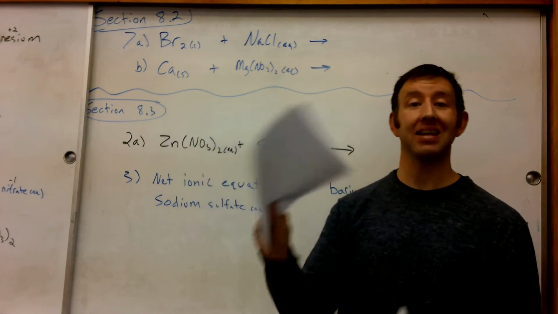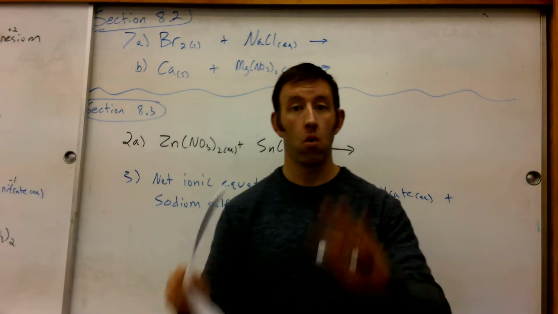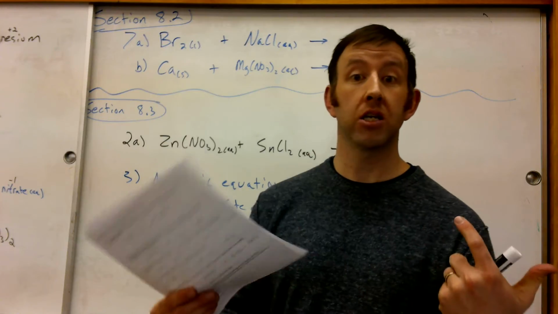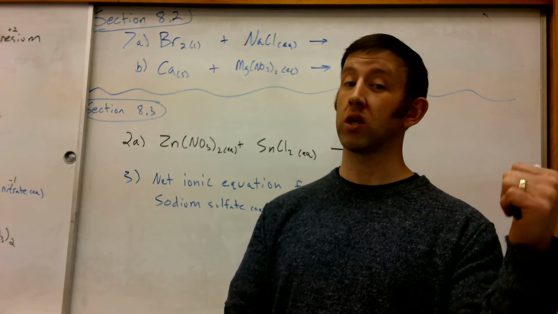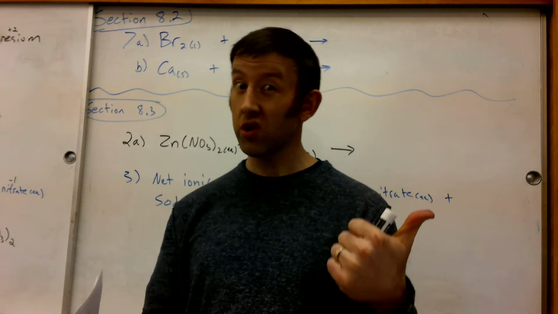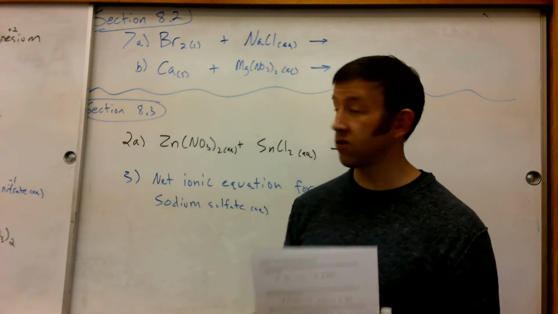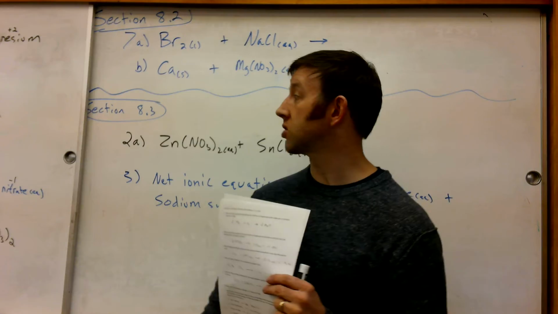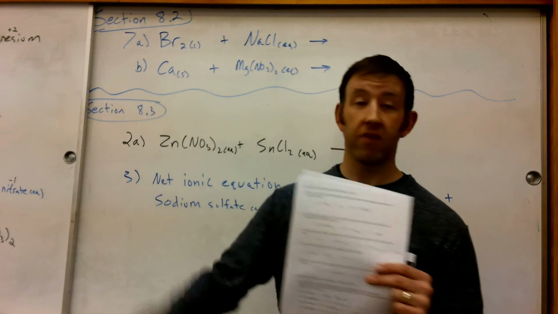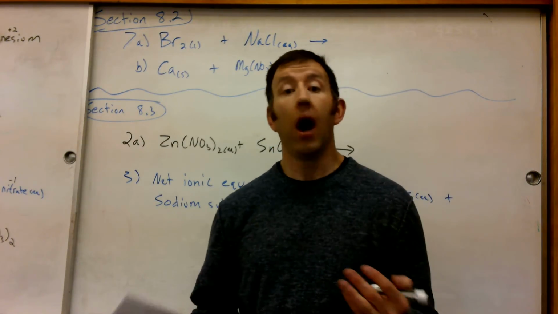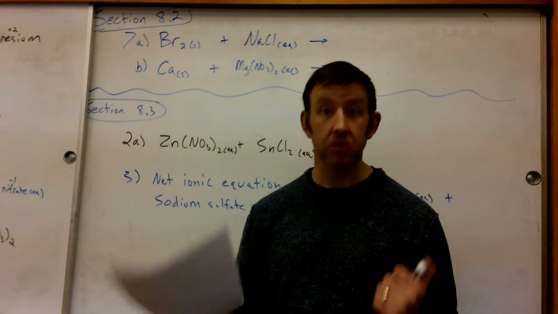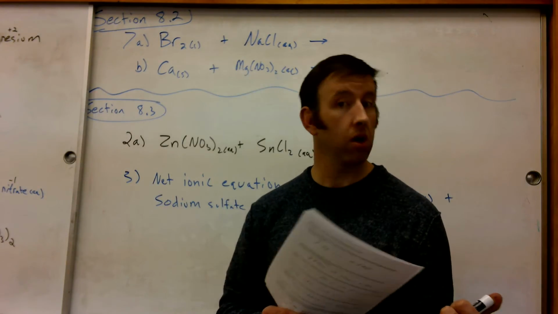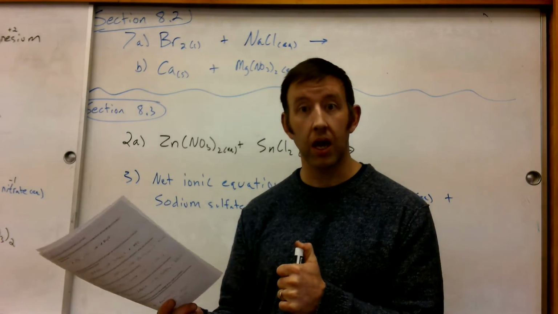Now the added layer of complexity here is we now need to start determining whether a reaction actually occurs. So when I talked about that activity series earlier, back with number 5 from section 8.1, that's what I was talking about, but here we're gonna actually have you predict, does the reaction occur or does it not, okay?